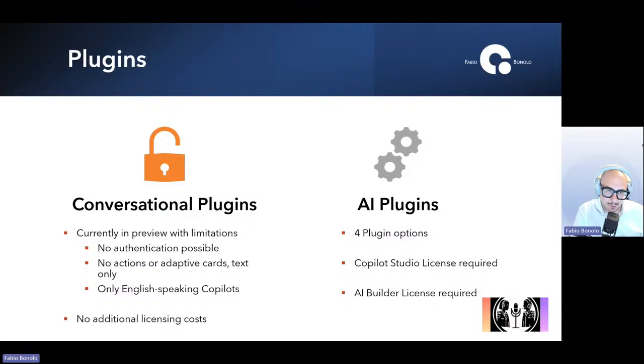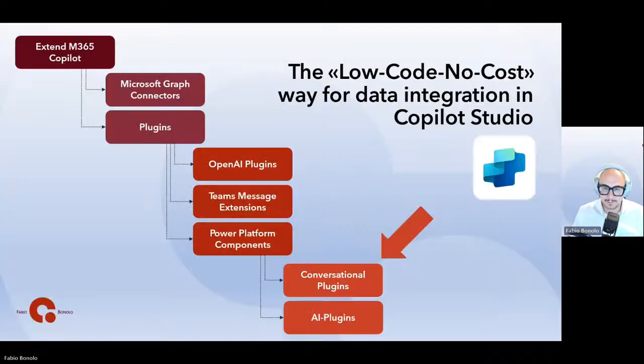And when I worked into that topic, this cascading diagram that I will show you came to mind directly. Beware, this cascading diagram is only the path on how to extend your M365 Copilot. So there is no information about how you build your own copilot, because this is a totally different topic.